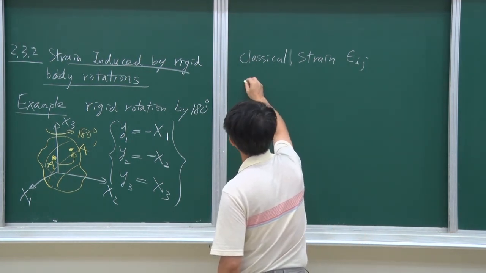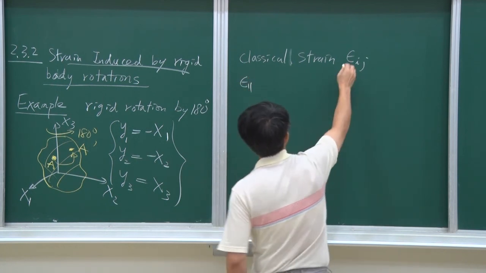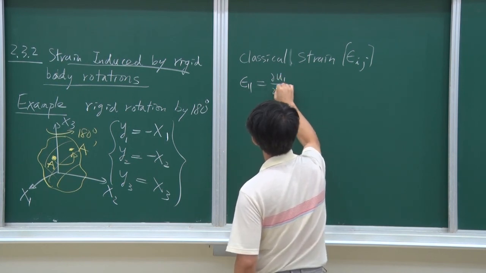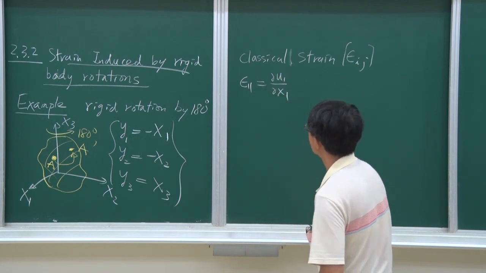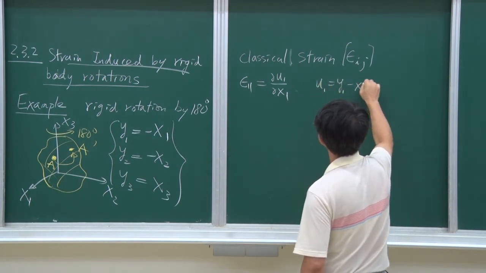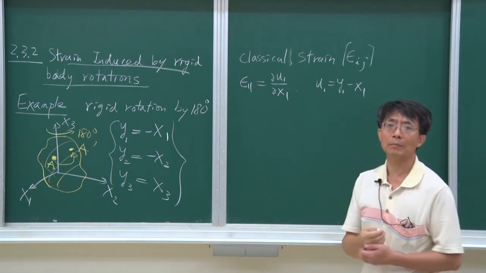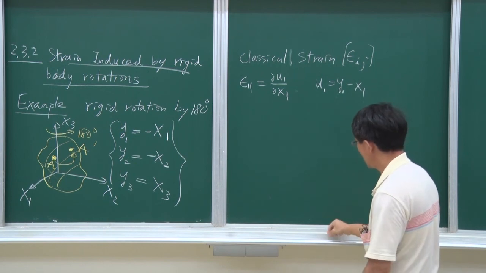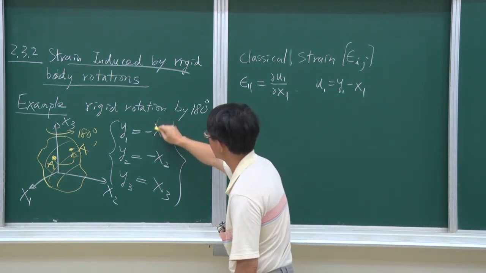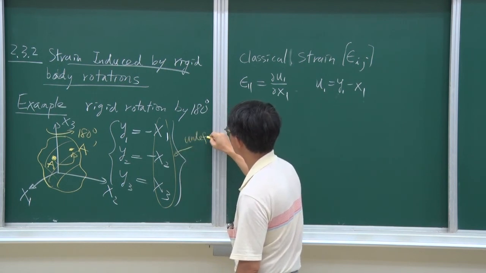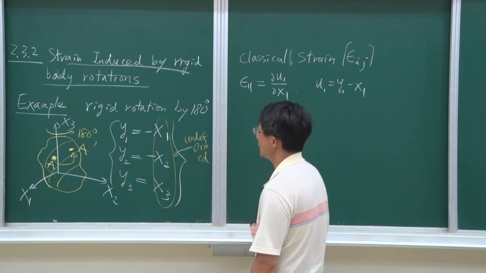Let me calculate epsilon 1,1. But what is u1? u1 by definition is y1 minus x1. This is the deformed coordinate, this is the undeformed coordinate.